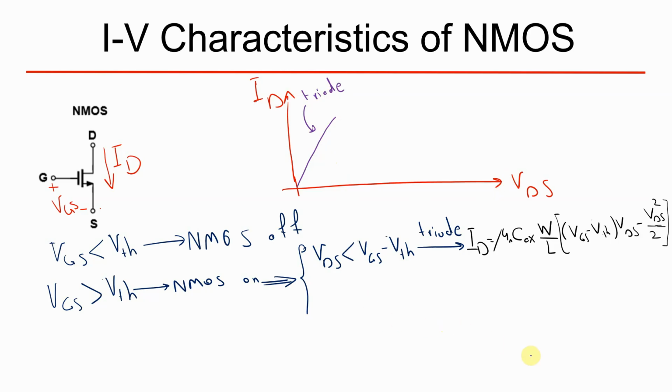And what if drain source voltage is greater than gate source voltage minus threshold voltage? Then the transistor works at saturation region.